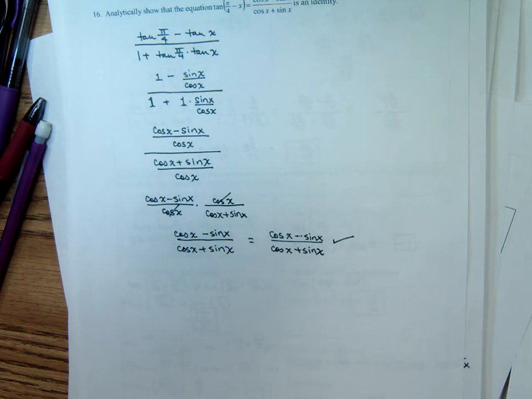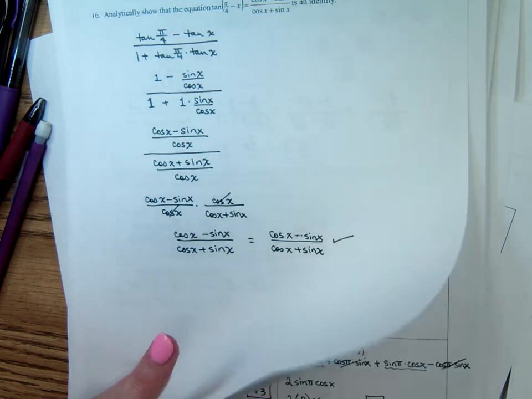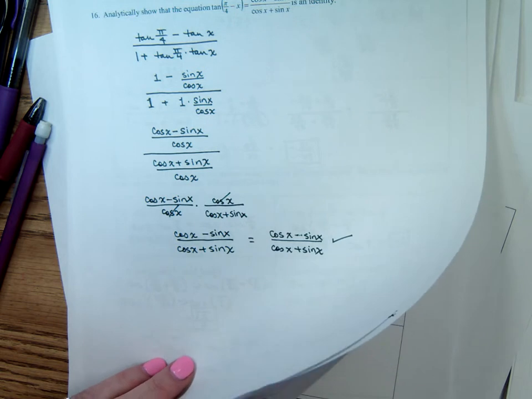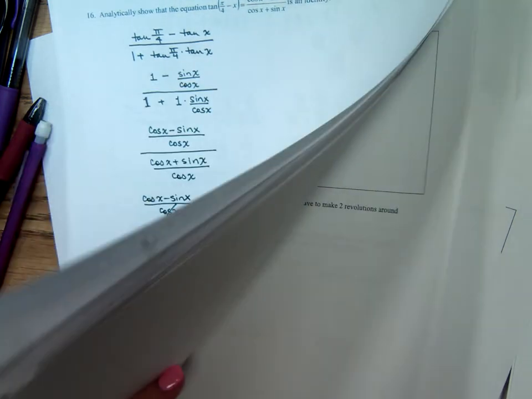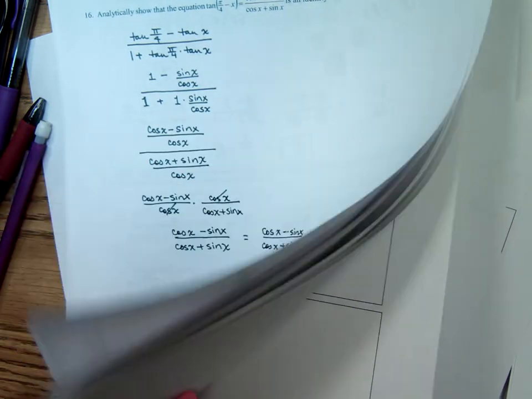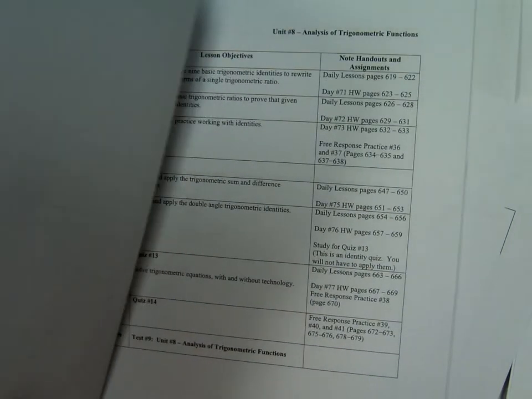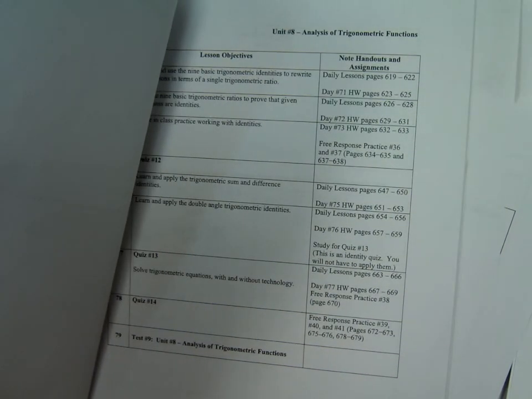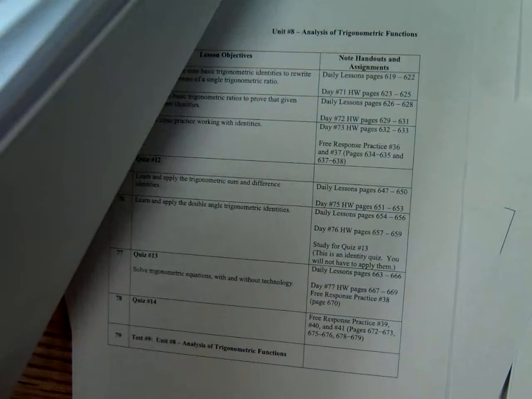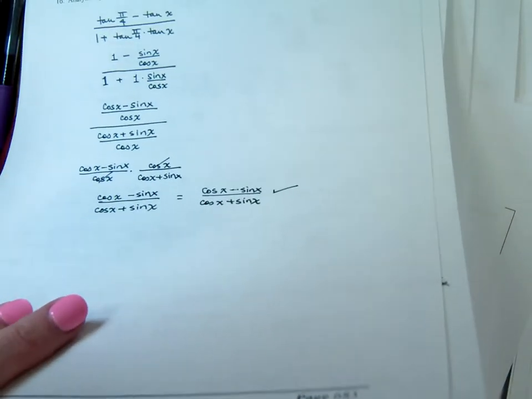When's the next quiz? I don't know. What does the thing say? I'll have to check. Hope it's not today because there's not a working copier on campus. No, it's after this. Double angle. Okay, so then that means the quiz is like tomorrow.